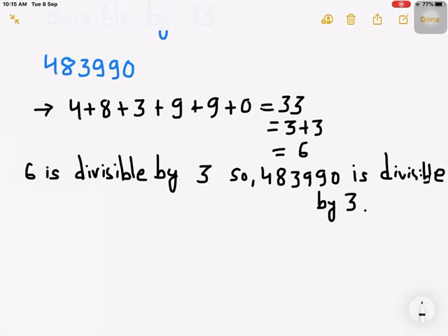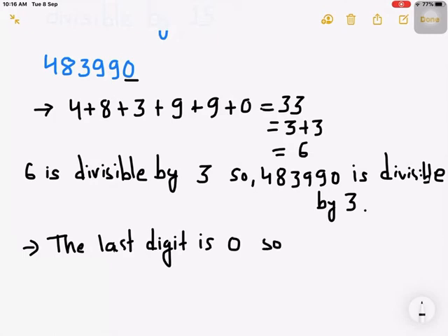Here you can see the last digit is 0. So 483990 is divisible by 5.